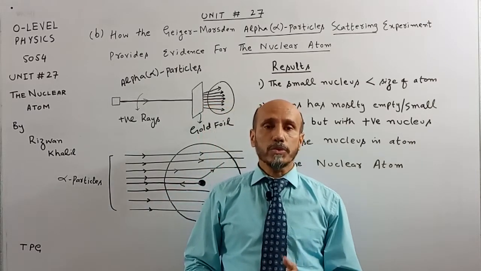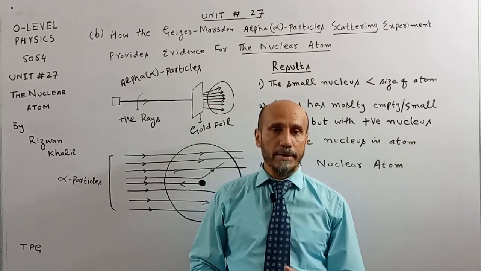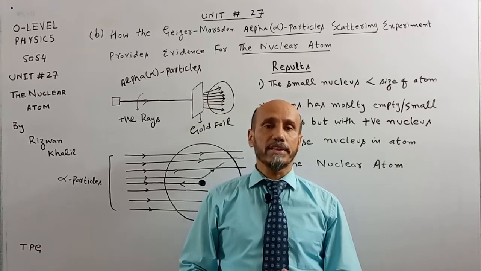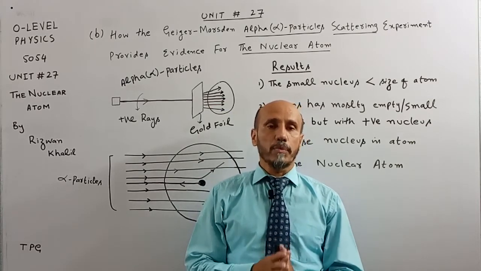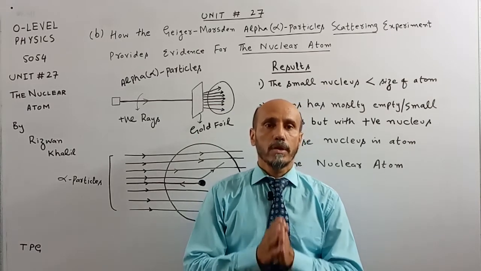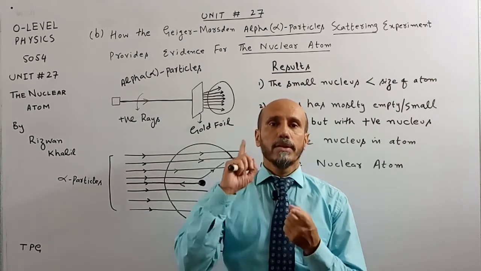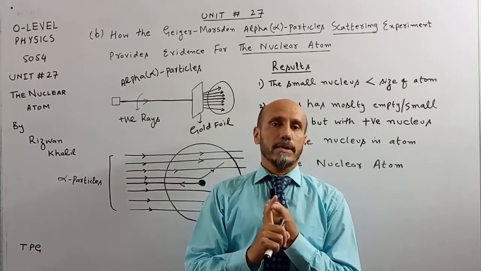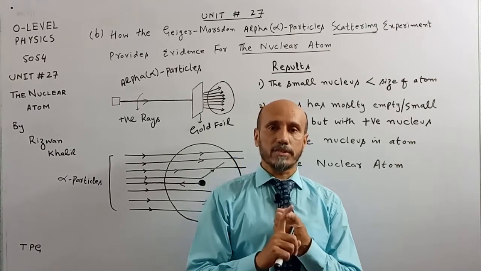So these two scientists performed the alpha particle scattering experiment to provide evidence for the existence of the nucleus, and after observing the scattering of alpha rays thrown on gold foil, what did they conclude? Number 1, the nucleus is of smaller size, and its size is smaller than the size of the atom.